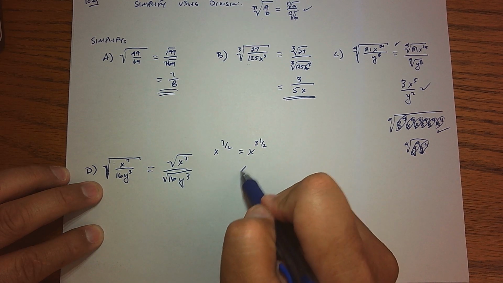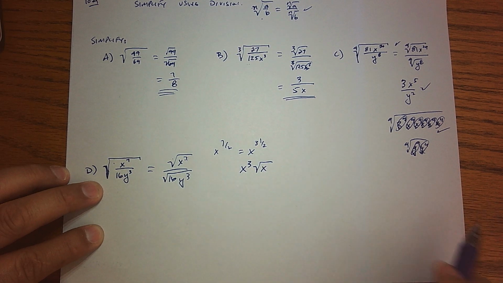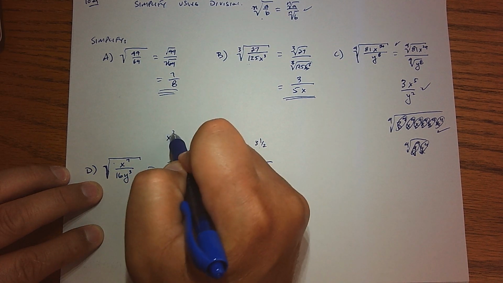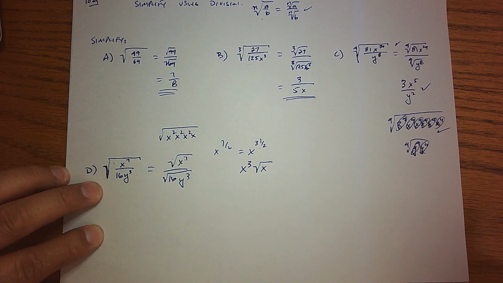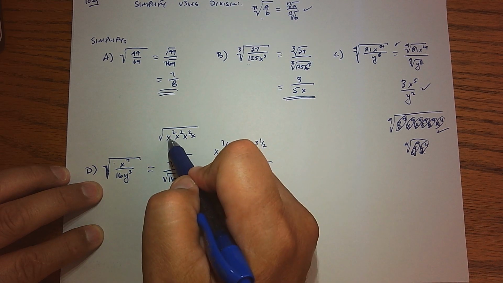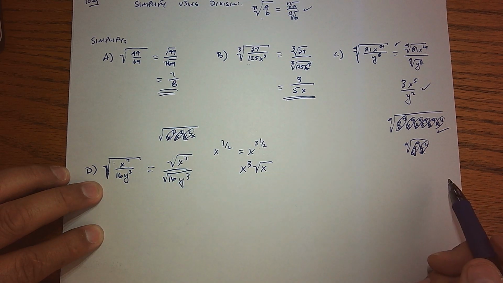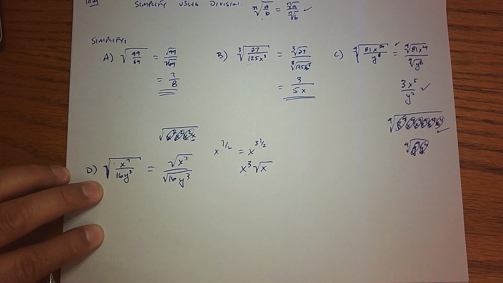So upstairs, what we should get is x to the 3rd, and then a square root of x stays in. Of course, if you don't like that shortcut, you can think of x to the 7th as x squared, x squared, x squared times x. And then you're basically matching indices, or powers. So power matches the index, power matches the index, power matches the index. X to the 3rd with the x remaining in the radical.